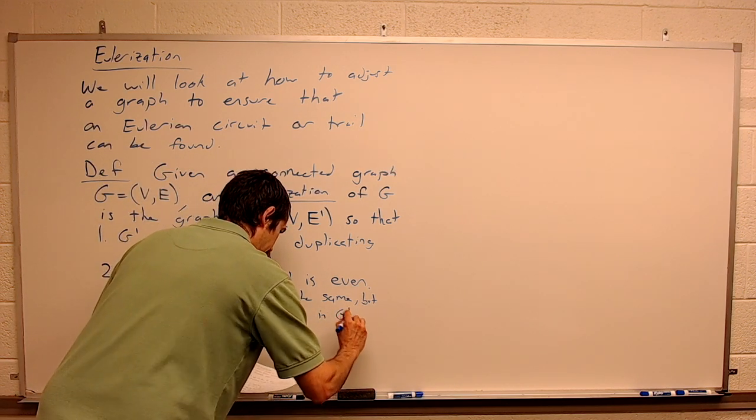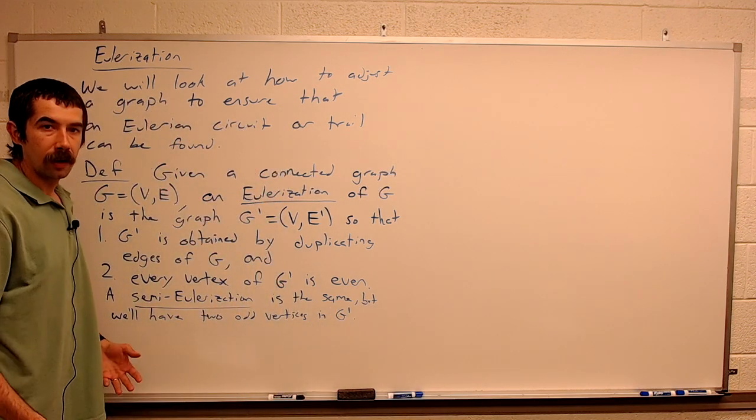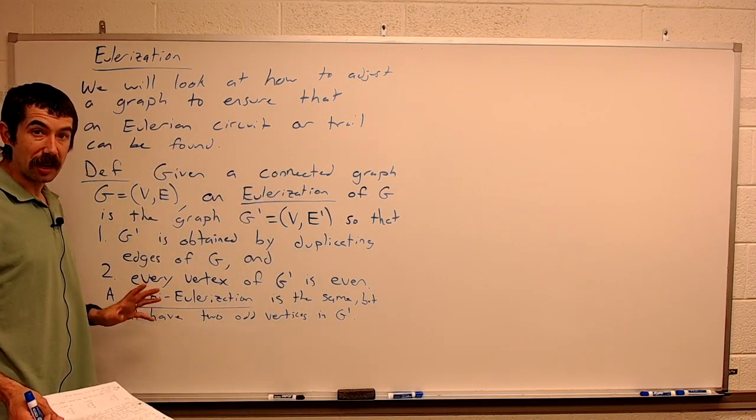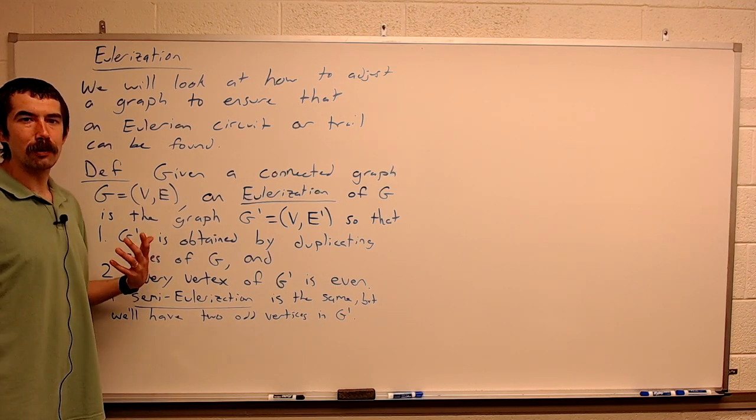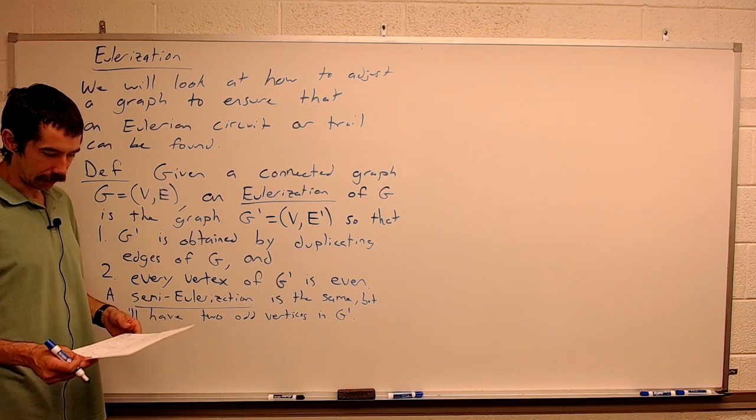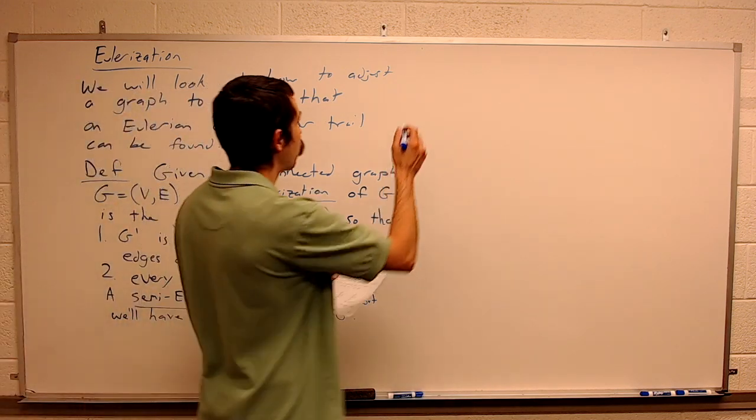So when we semi-Eulerize the graph, there's still going to be two odd vertices at the end. That means we're going to have an Euler trail as opposed to an Euler circuit. Okay, so let me give you an example.